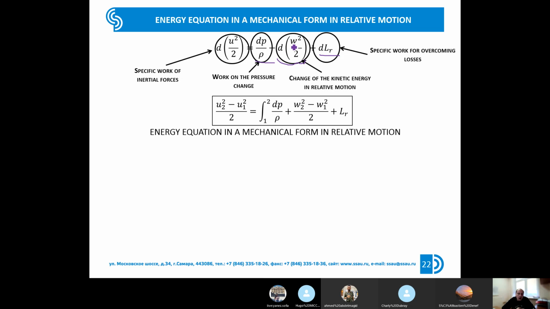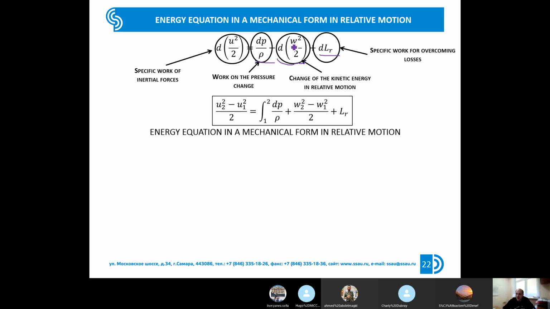I hope you already received this equation in previous courses like gas dynamics, but sometimes students do not study this equation in the course of gas dynamics. That's why maybe you never saw this equation before. But as you will see in a few minutes, these equations are very important for turbomachinery, for understanding the working process of the turbomachinery.